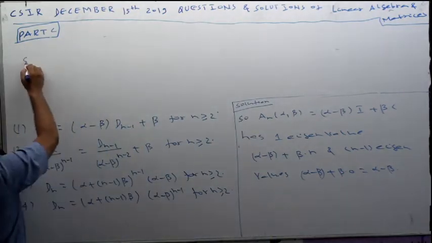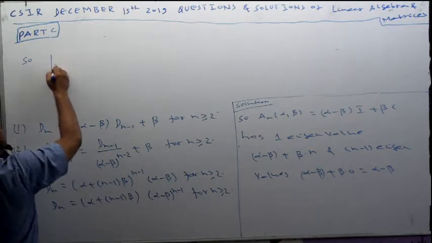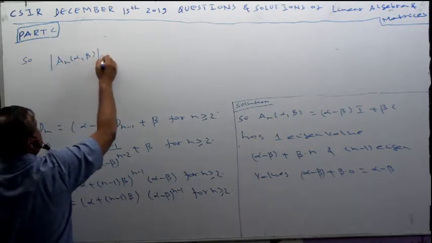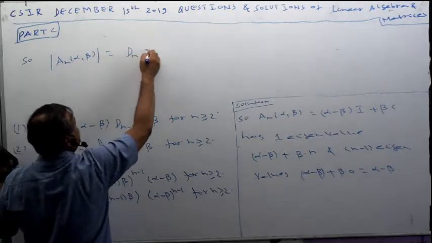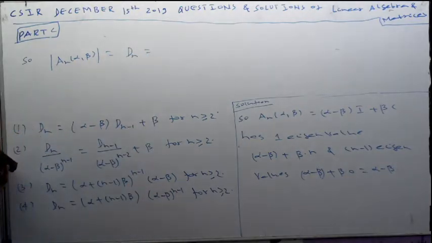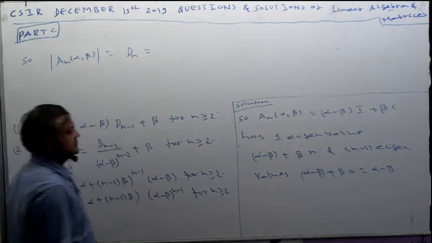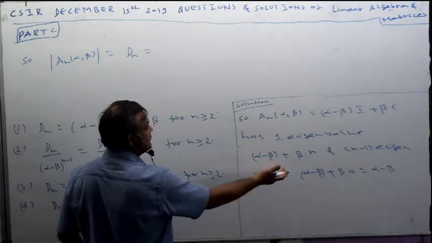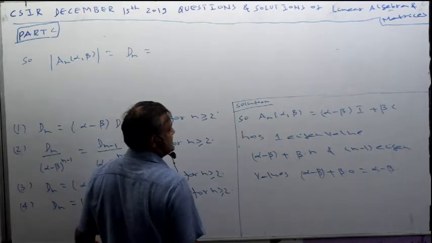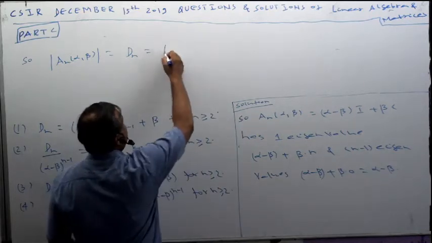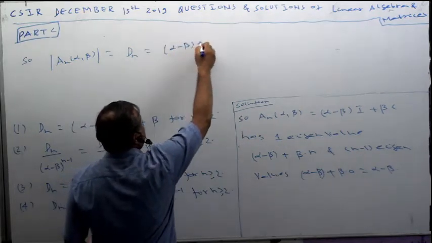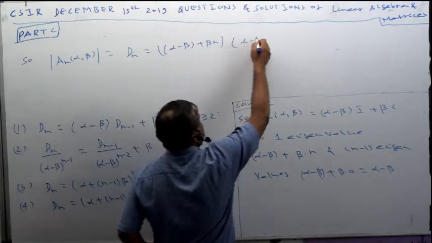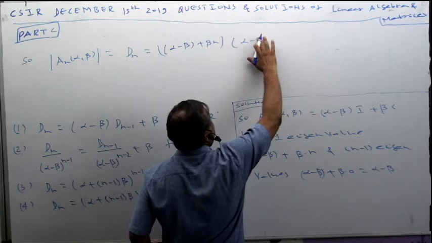So, the determinant of A_n(alpha, beta), that is denoted by d_n, will be equal to the product of eigenvalues of A_n(alpha, beta). So that is alpha minus beta plus beta n, into alpha minus beta, how many times?